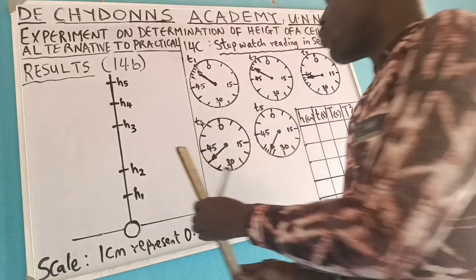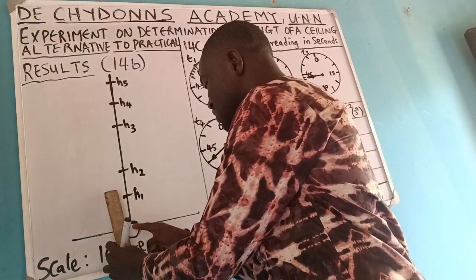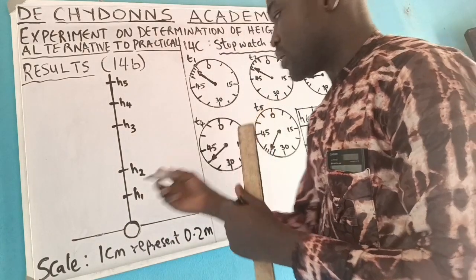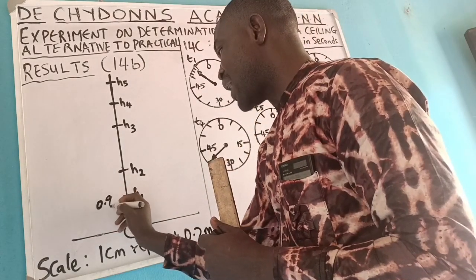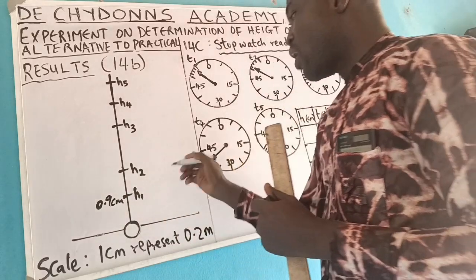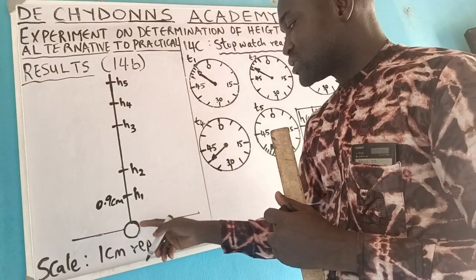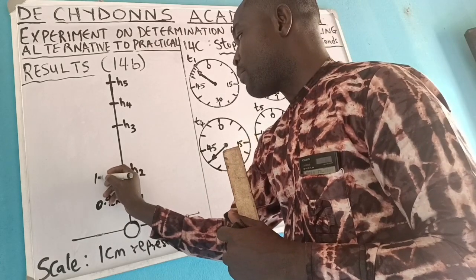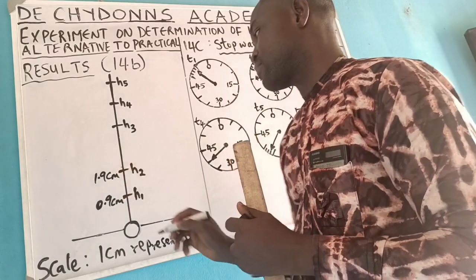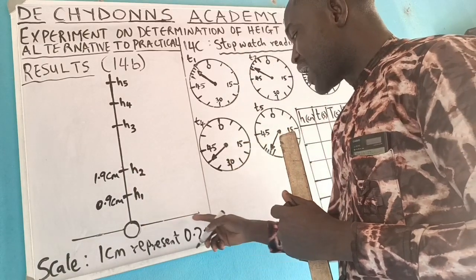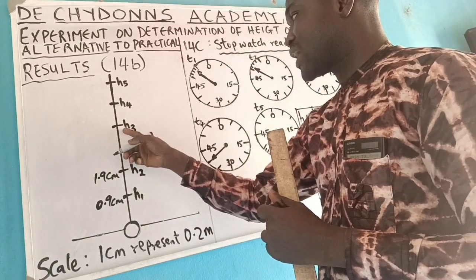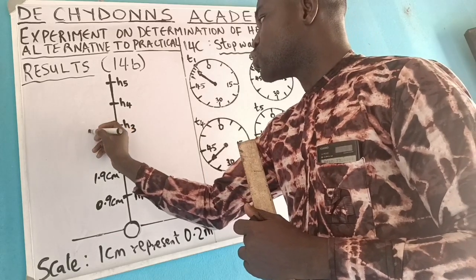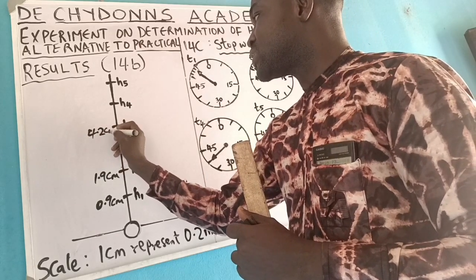Now, when we measured from this ground to H1, we got 0.9 centimeter. Then from this ground level to H2, we got 1.9 centimeter. From ground level to H3, we got 4.2 centimeter.